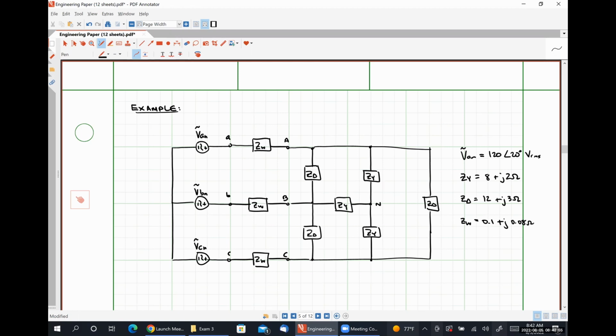load. Okay, so I'm going to represent only the A phase of our quantities of interest here for now. We might have to add some things later. So this current, IAA, is representative of the line currents that we're looking for.